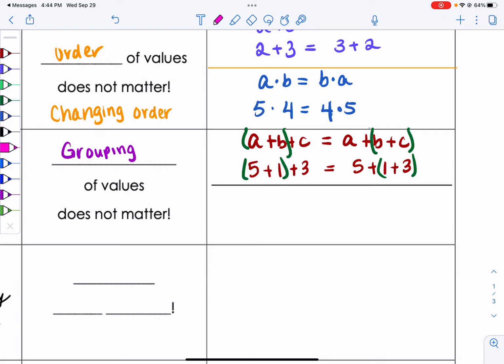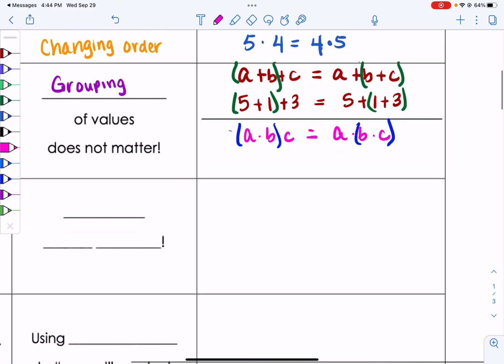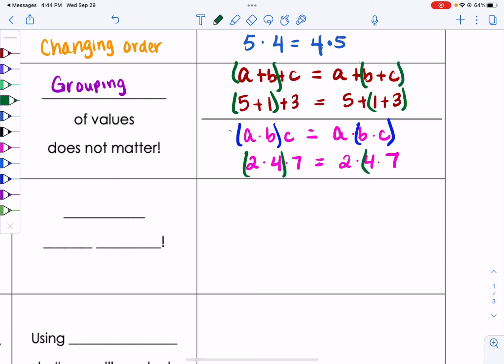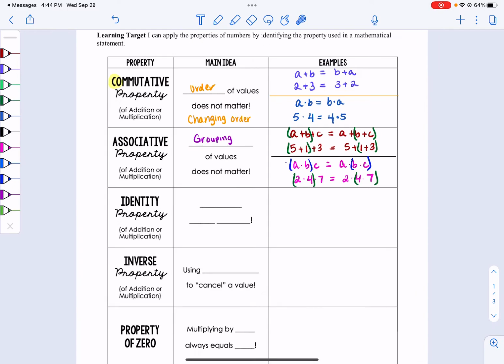I can say A times B times C is the same as A times B times C, with parentheses around A and B, and then parentheses around B and C. You can also do 2 times 4 times 7, the same thing as 2 times 4 times 7, and put parentheses around the first two and then around the last two. That's an example of the associative property. Think of it as associates: 2 and 4 are associates, but now 4 and 7 are associates.